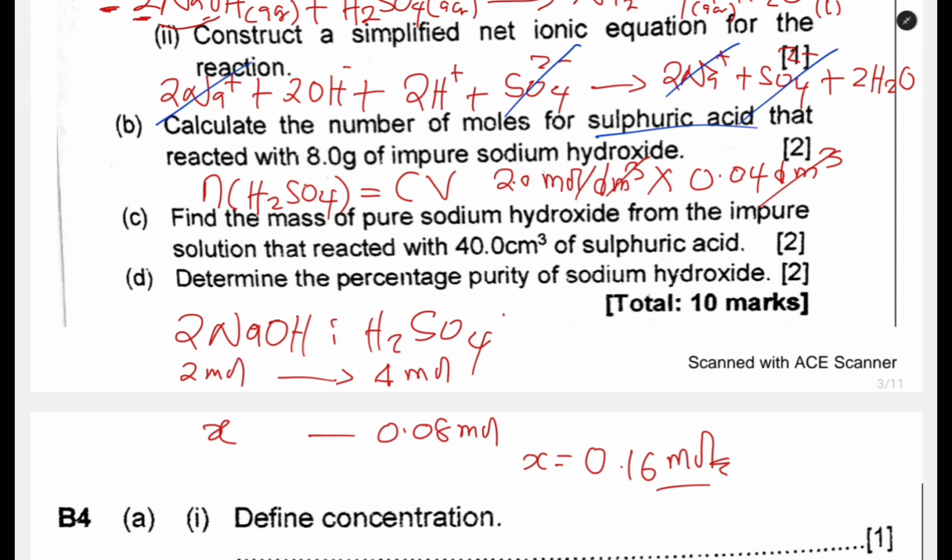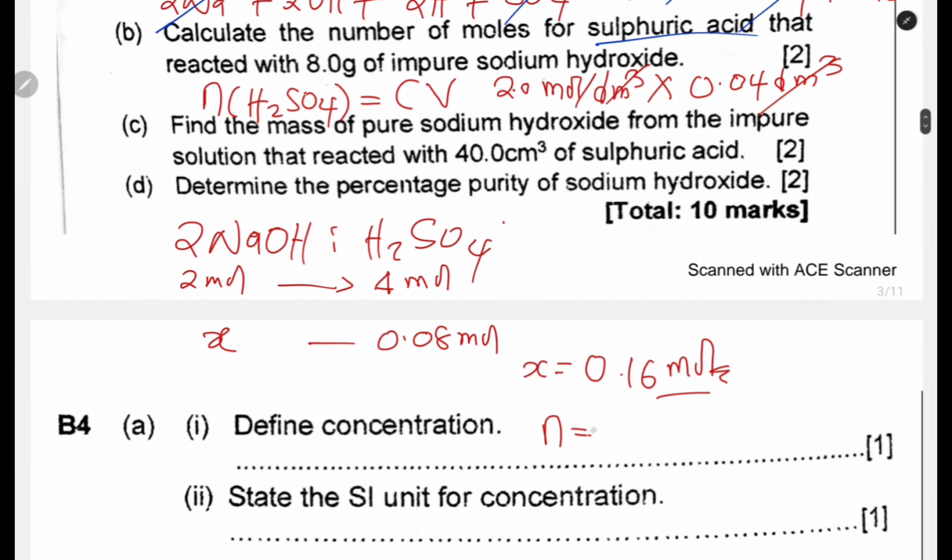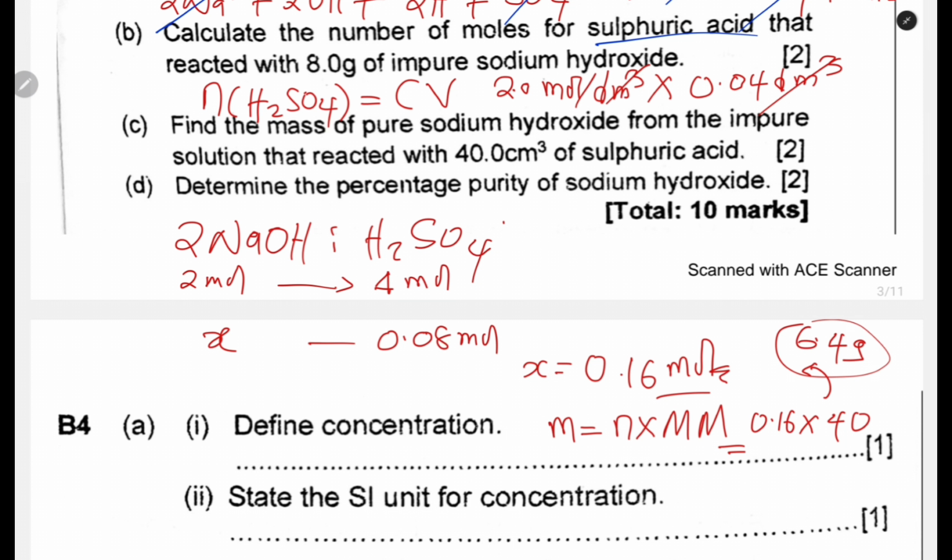To find its mass, we use the formula mass is equal to number of moles multiplied by molar mass. Number of moles is 0.16, multiplied by the molar mass of sodium hydroxide, which is 40. If you multiply 0.16 by 40, you should find 6.4 gram. This is the mass of pure sodium hydroxide.